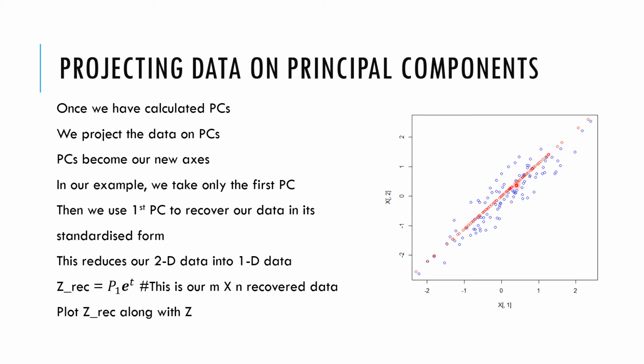You see how nicely it shows here. This is just one line, which is what is expected, because we are using only one principal component, so it moves in only one direction, and that explains the maximum variability in the data. This is how we work with principal component analysis, basically to reduce the dimension.